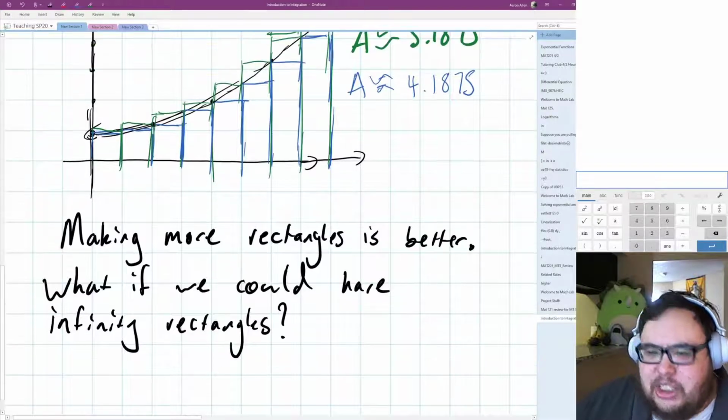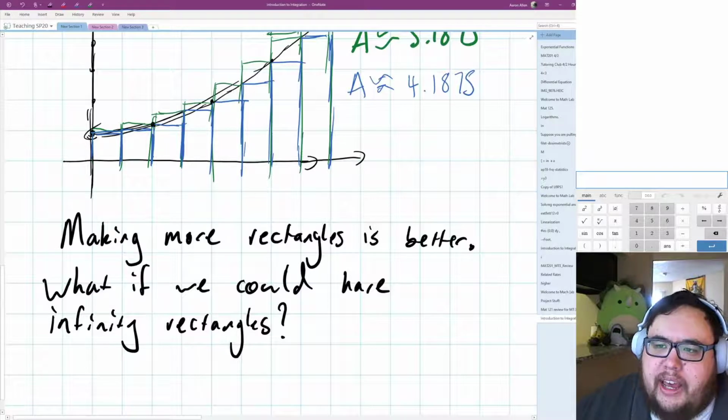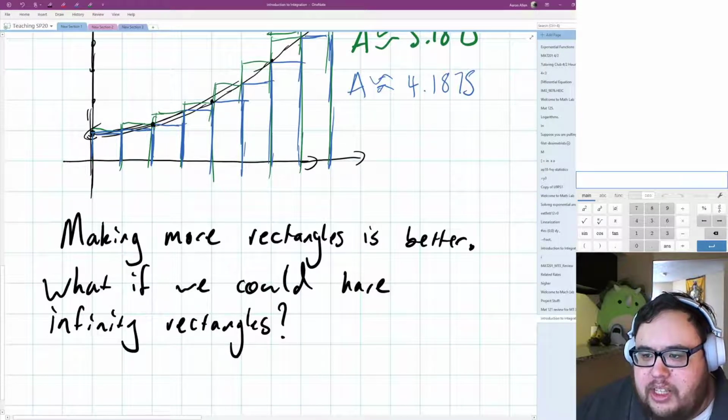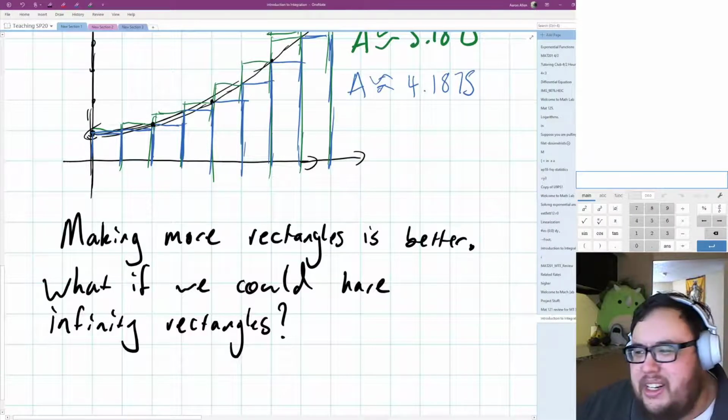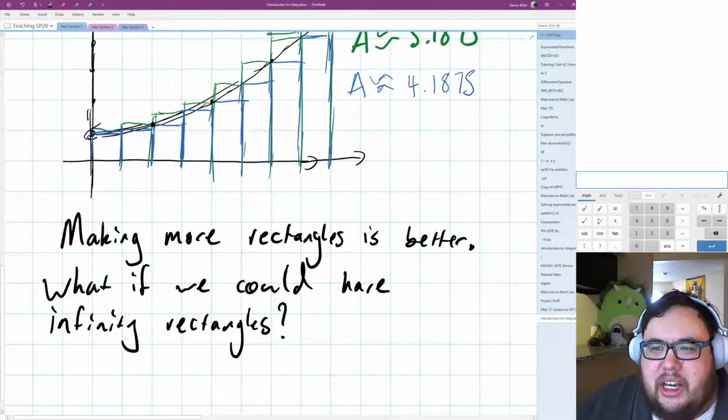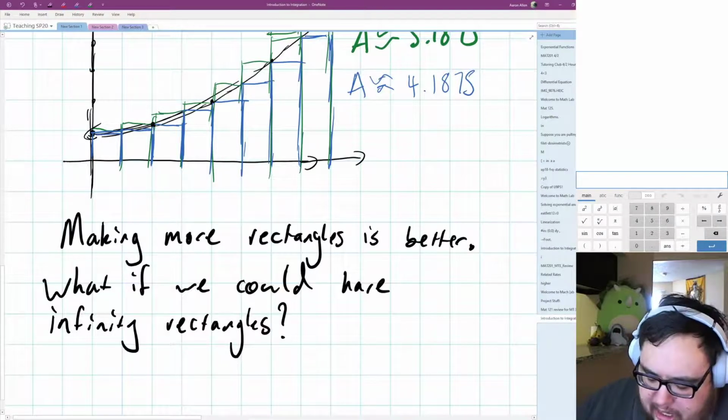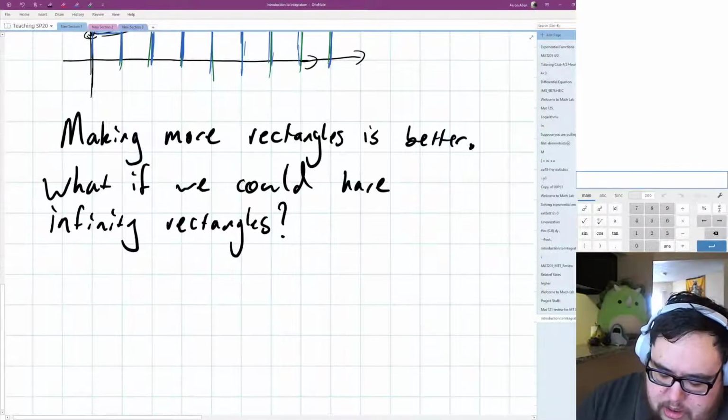Well, we can't actually have infinity rectangles because if we had infinitely many rectangles, then all of the rectangles would have to have 0 width, right? And then we end up in a weird situation with infinity times 0, and infinity is not a number anyway, so how the heck do we deal with that? And the answer is limits.